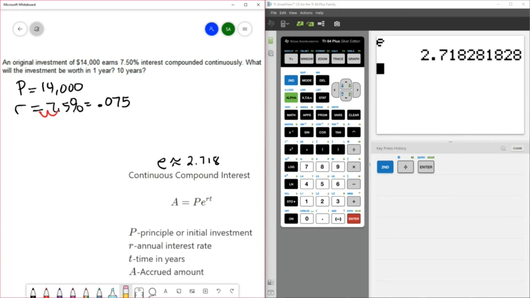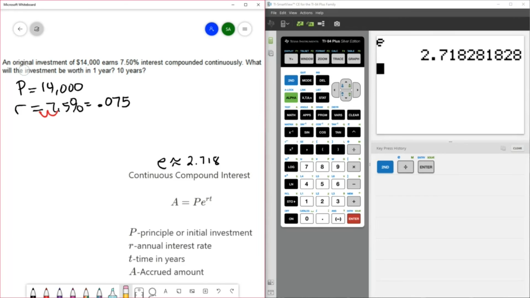We've already mentioned this information. Compounded continuously indicates which formula you'll be using. There is another formula which is called periodic compound interest, and that one you will see in the wording, it will say compounded monthly or daily or quarterly or some other statement besides continuously.